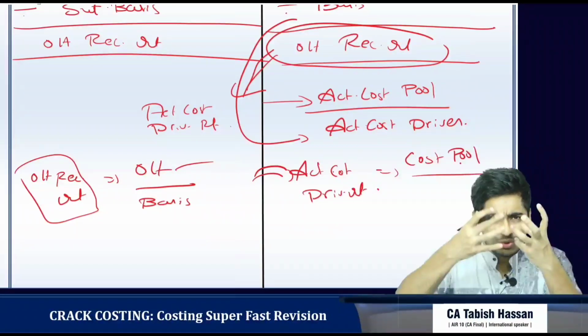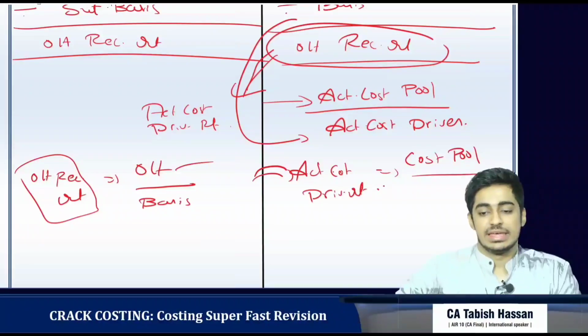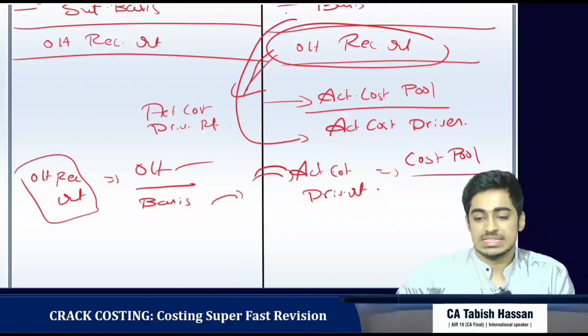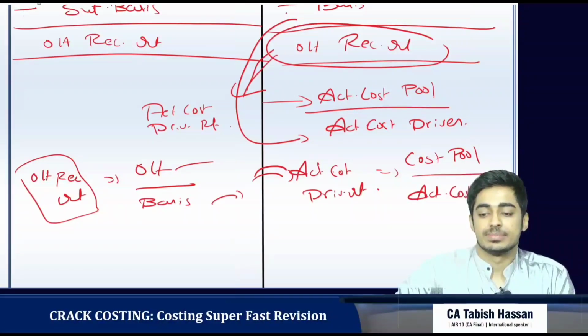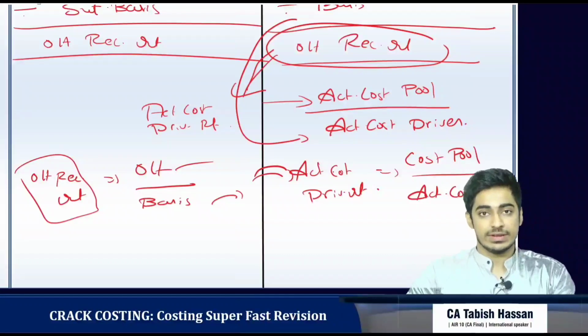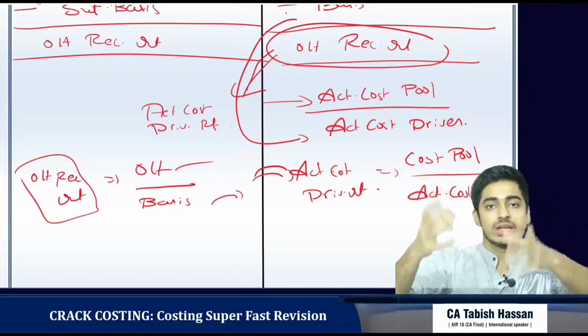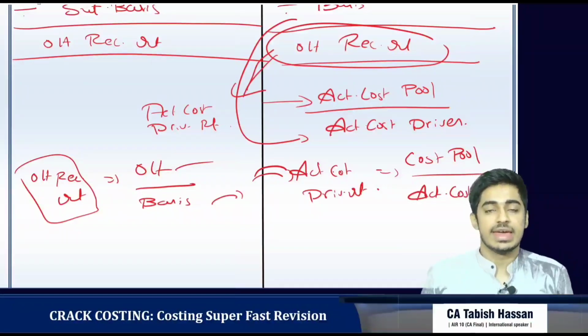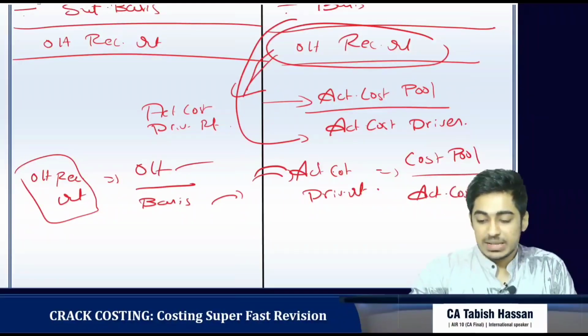That is the total cost of activity, and the denominator, that is basis, we call by the name activity cost driver. That is, what is that factor that drives the cost of activity? So we get the total overhead, compare it with the basis, we get the activity cost driver rate. Simple.